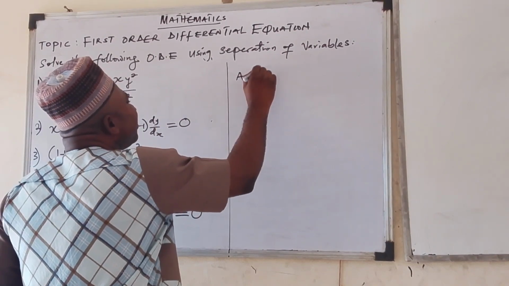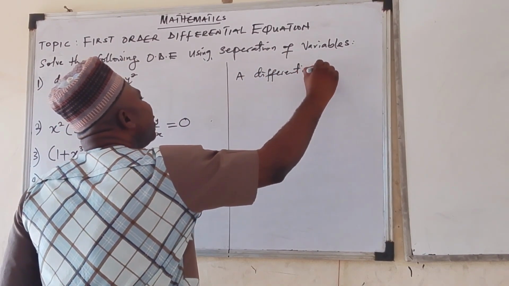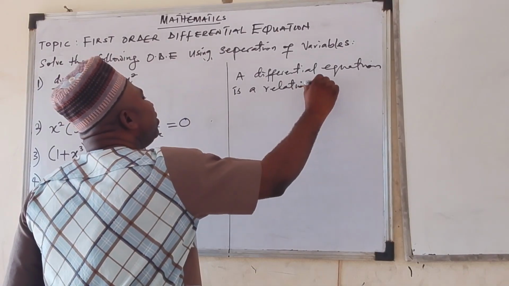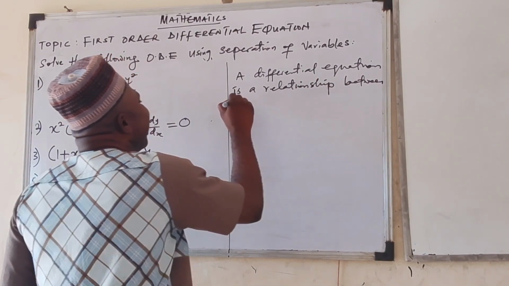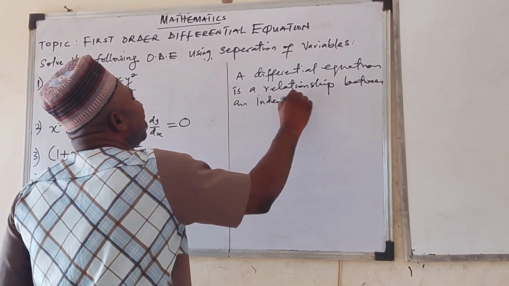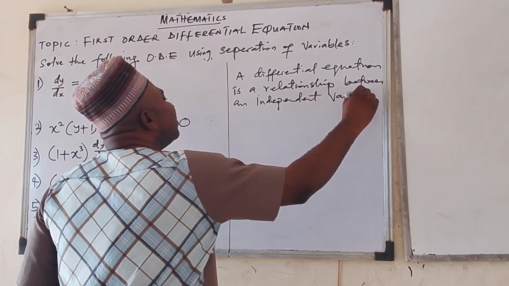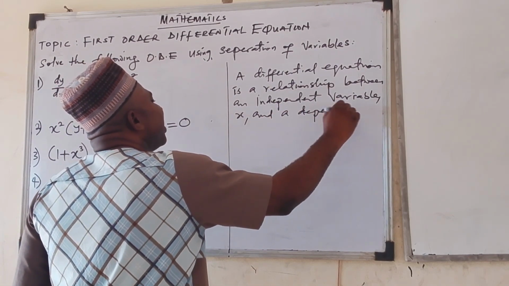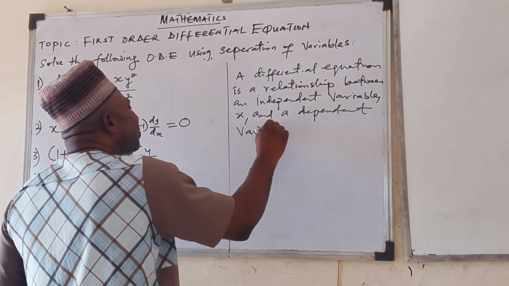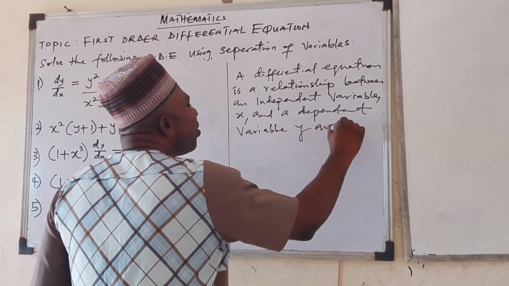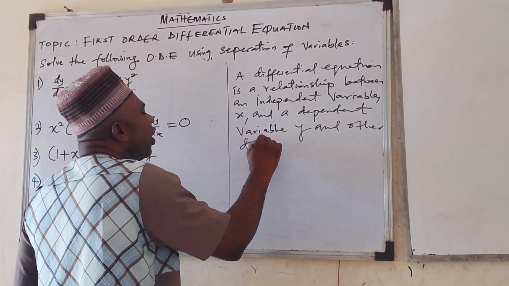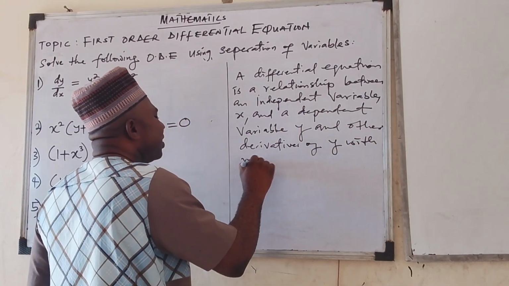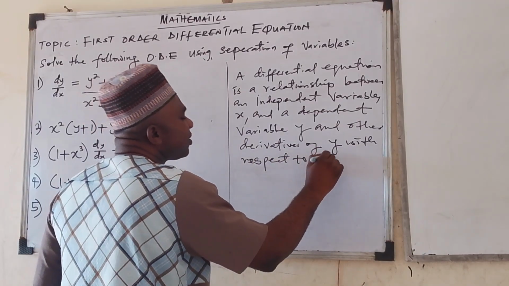A differential equation is a relationship between an independent variable x, a dependent variable y, and other derivatives of y with respect to x.